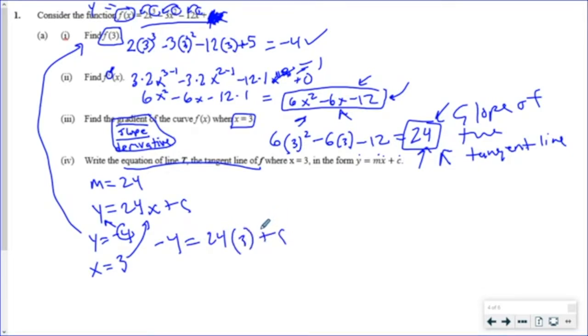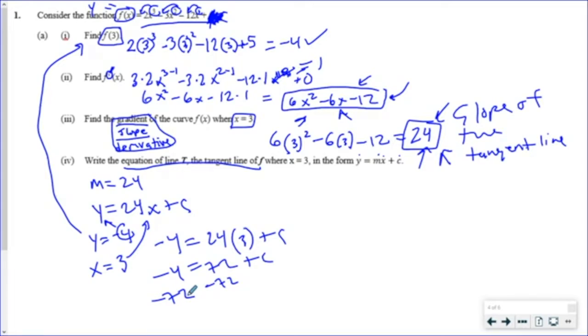Let's go ahead and solve this. 24 times 3 is 72. That's a big number. So negative 4 equals 72 plus c. What does this equal? Minus 72. Negative 4 minus 72.